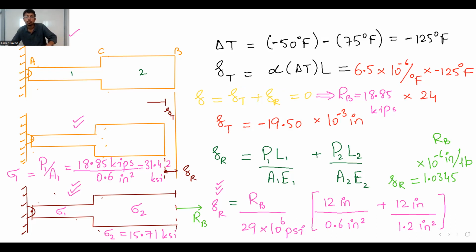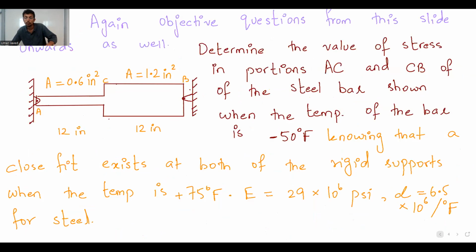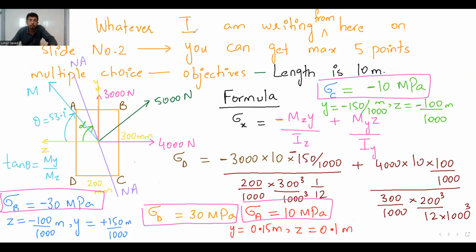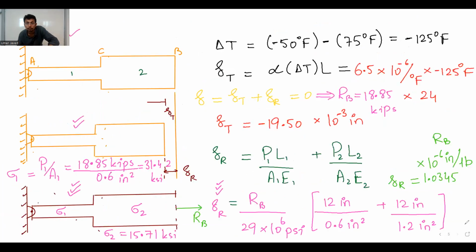So let me repeat again that from slide number 2 onwards, whatever I'm writing from slide number 2 till here, you can get max 5 points.